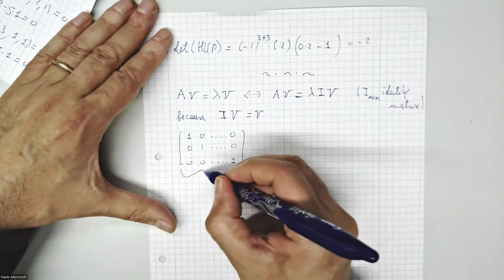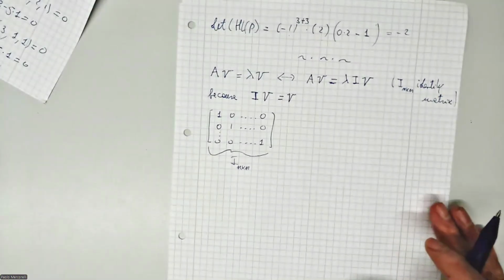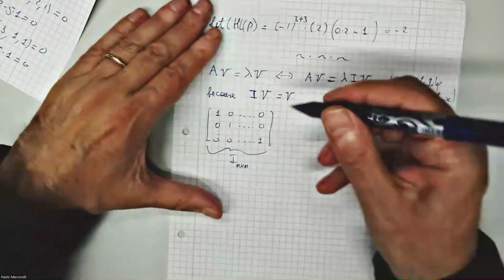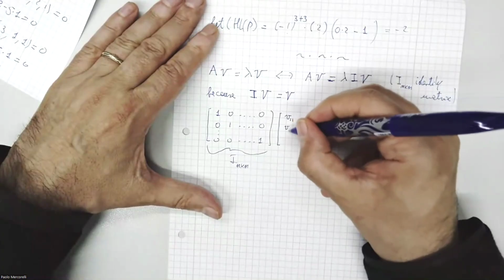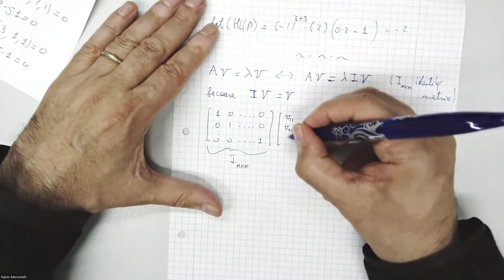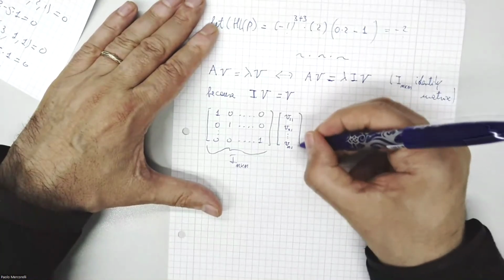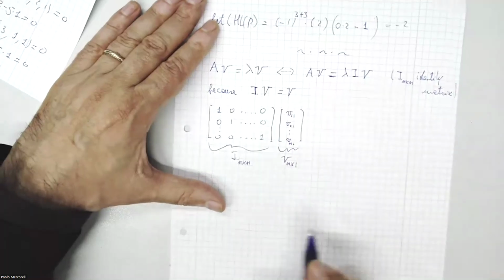This is the identity matrix n times n. As I told you during the last weeks, if I have to demonstrate in general a property of matrices or vectors, sometimes it's just boring because I have to consider the general case. This is the vector V. Do you remember I told you n times 1?